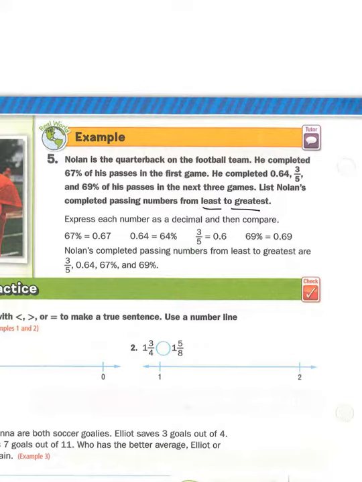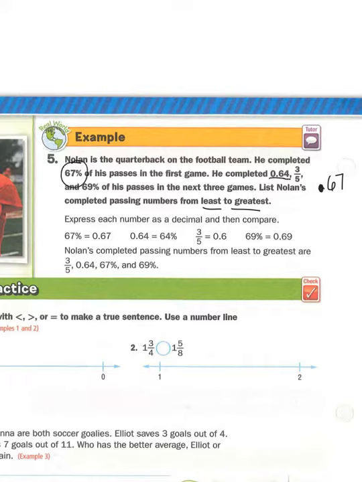So just like we've done before, we need to write all these numbers as decimals. Writing a percent as a decimal is pretty easy. Okay, 67%, we would move our decimal point 2 spaces to the left, which would give us 67 hundredths, 0.67. Okay, so we've written that one.